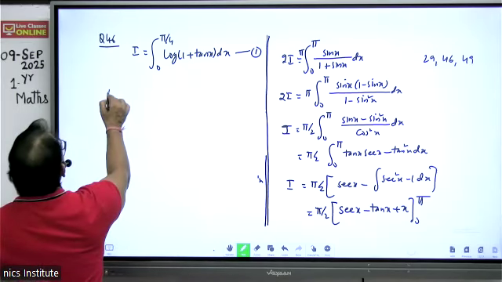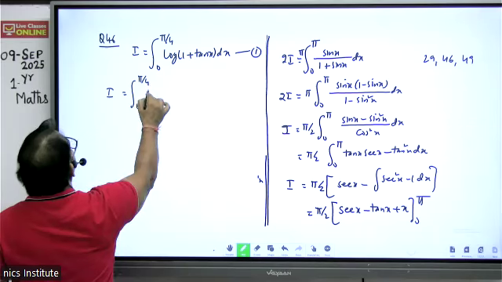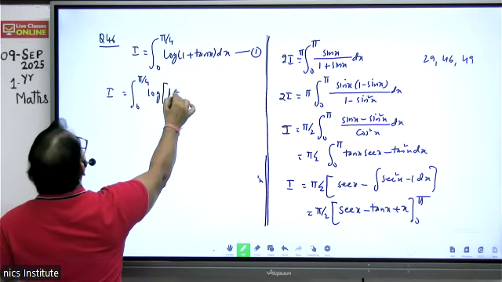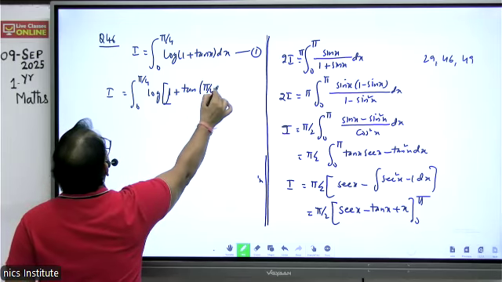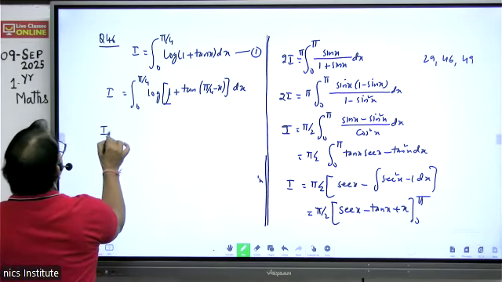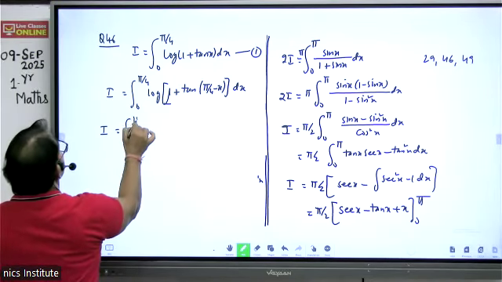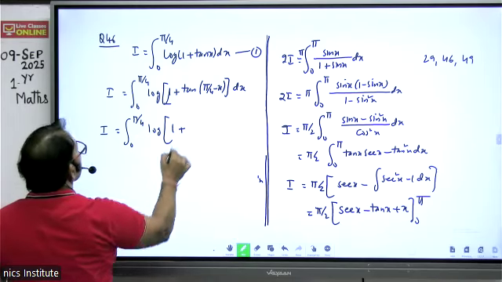So after using the property, it is integral from 0 to pi by 4 of log of 1 plus tan of pi by 4 minus x. Wherever you have x, replace it by a minus x. So log, what is tan a minus b?